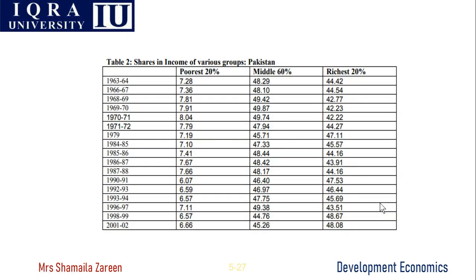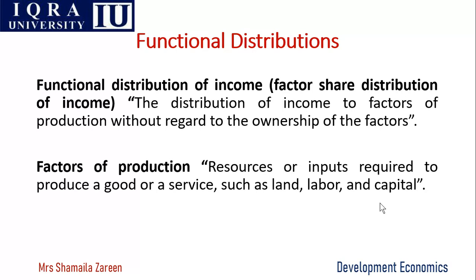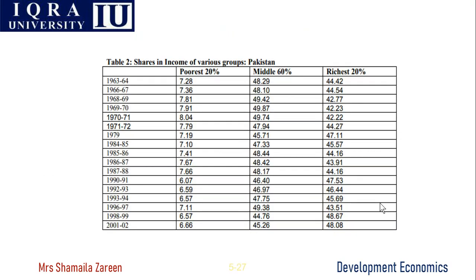So there are the values of the poorest 20%, middle 60%, and rich 20%. By using these values, you can easily make the Lorenz curve.